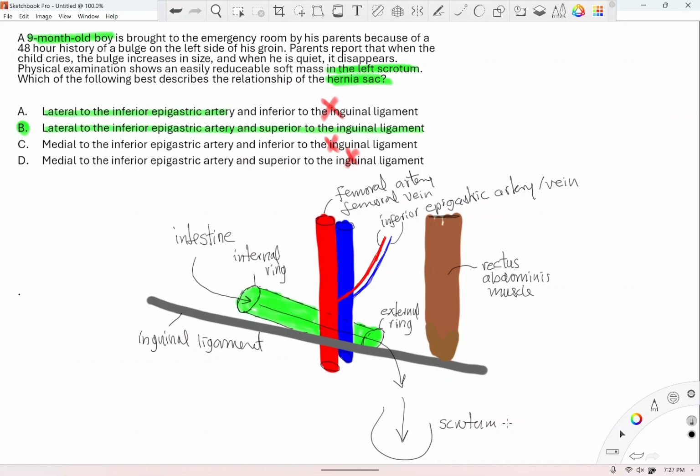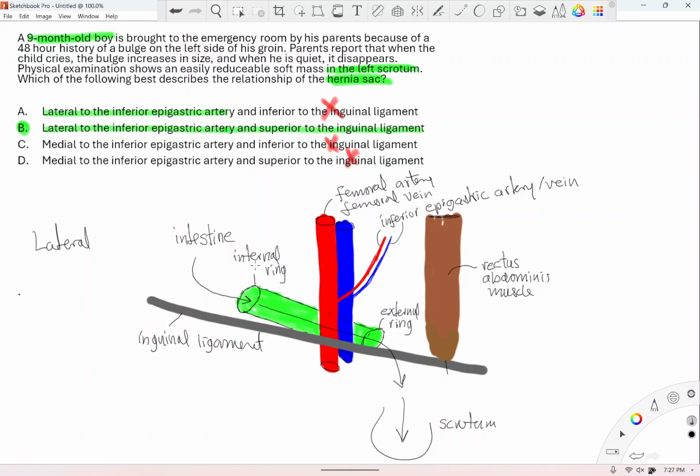Okay, indirect inguinal hernia. Now, the hernia starts lateral to the epigastric artery. So the abdominis muscle is the medial component, the middle of your abdomen, and this is the lateral side. As you can see, initially the hernia initiates lateral to the epigastric and femoral arteries.